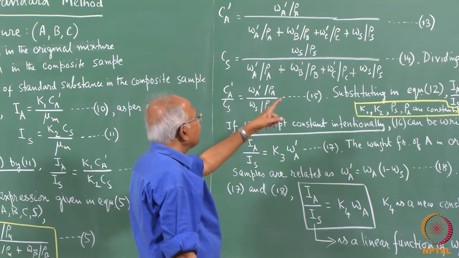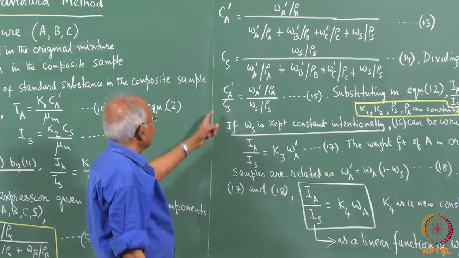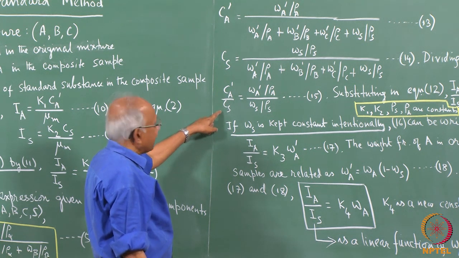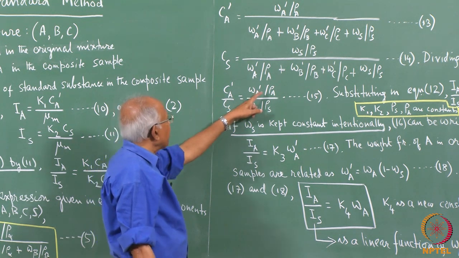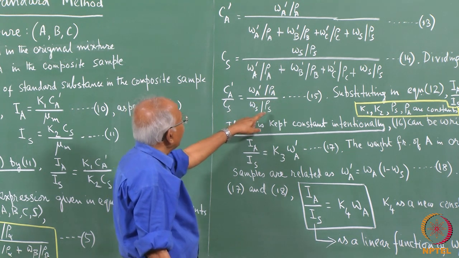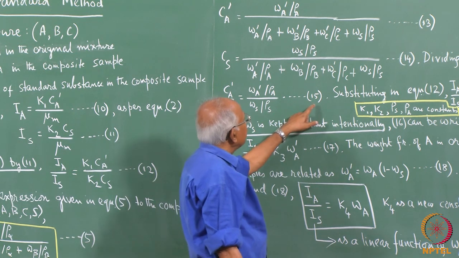Now, if we divide 13 by 14, we can write down C_A'/C_S will be equal to (W_A'/rho_A) divided by (W_S/rho_S). This is our equation 15.